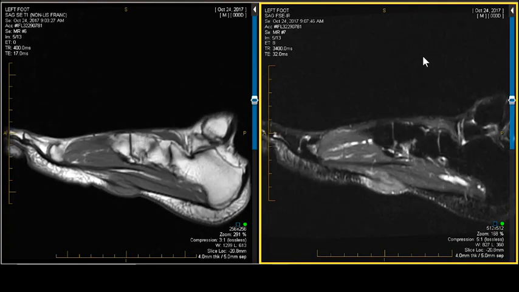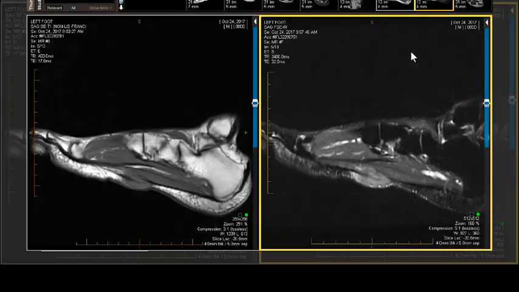But this family of fibrous lesions, both the desmoid and this benign desmoid, which is really non-aggressive fibromatosis, have that linear, somewhat squiggly parallel pattern like this. That's kind of the tip-off to the diagnosis.